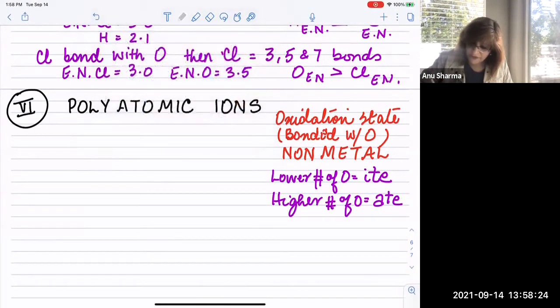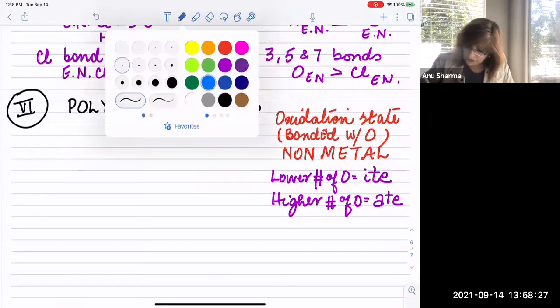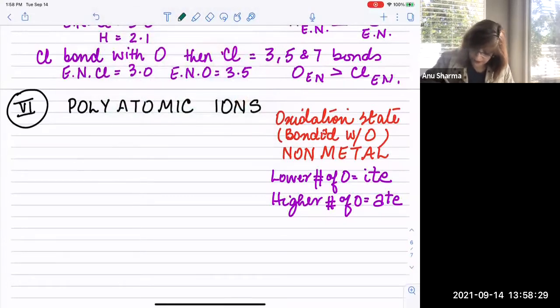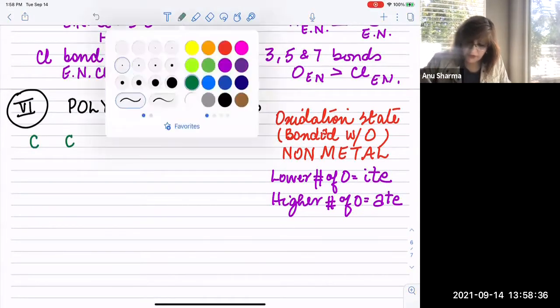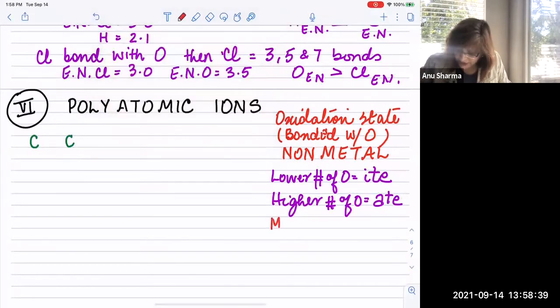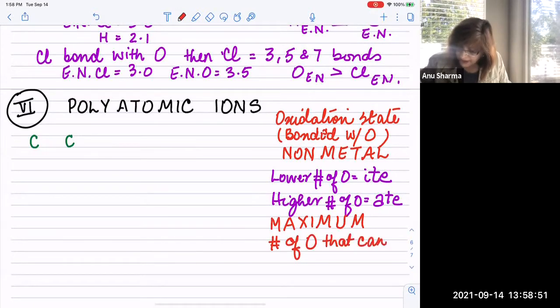When you have carbon combining with oxygen, here also there is a maximum number of oxygens that can be bonded, and that ends in ATE.